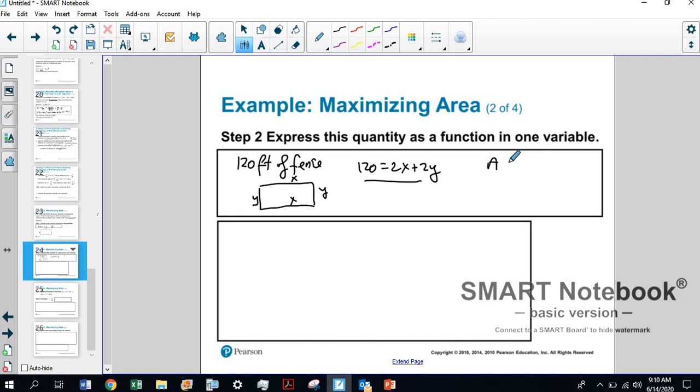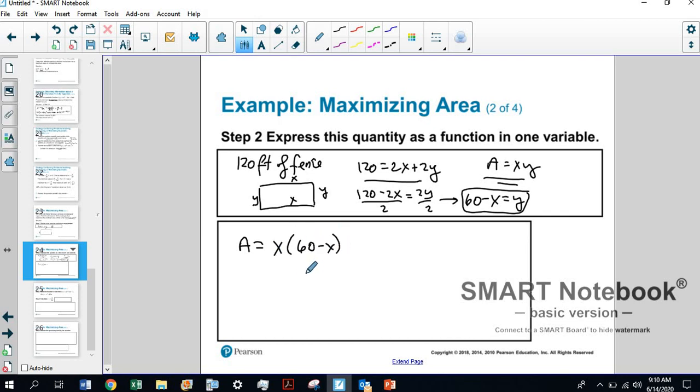And you want to get rid of one of your variables. So we're going to get rid of y by solving this for y. Subtract 2x from both sides. Divide everything by 2. And you get 60 minus x equals y. And so you can plug that in here, and you get A equals x times 60 minus x.